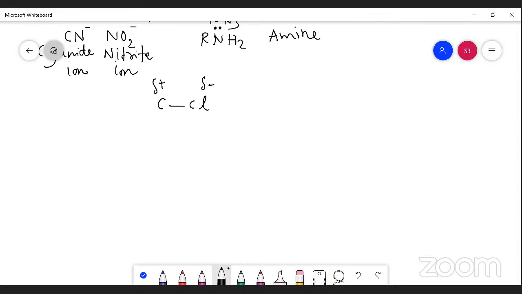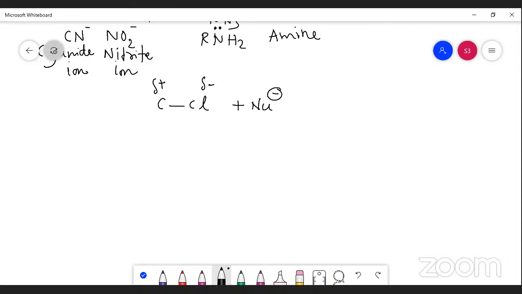Now if I add a nucleophile, the symbol for which is Nu negative, to the polar molecule, where is the nucleophile going to attach? That is one more question. What is the nature of the nucleophile? It is a negative nature.